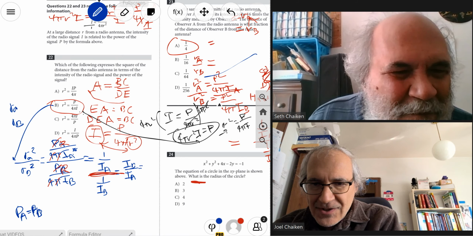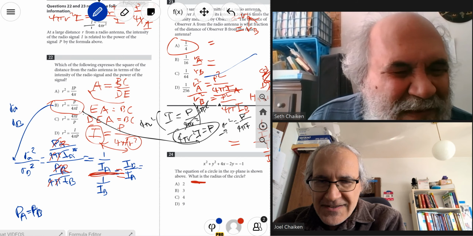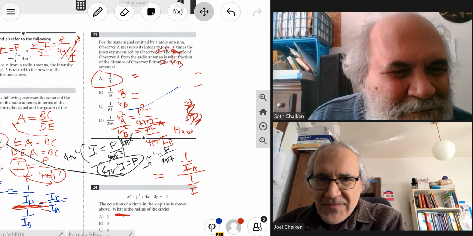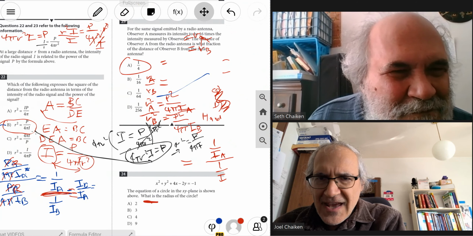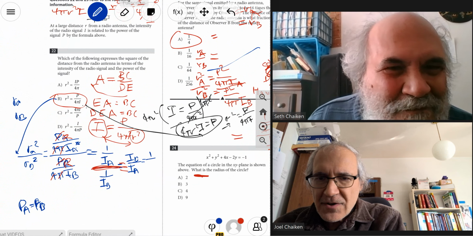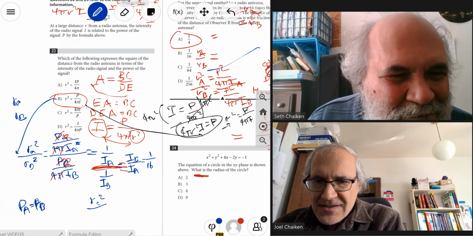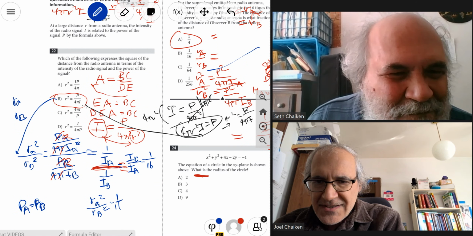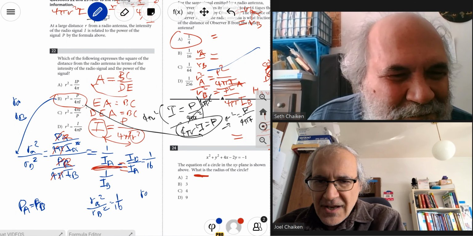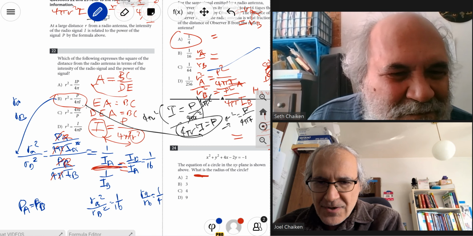You have to read carefully: IA is 16 times bigger than IB, so that's 1 over 16. So RA squared divided by RB squared equals 1/16. What is then RA divided by RB? You see pretty clearly that this is a quarter.